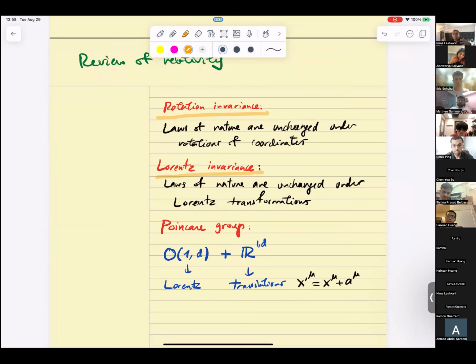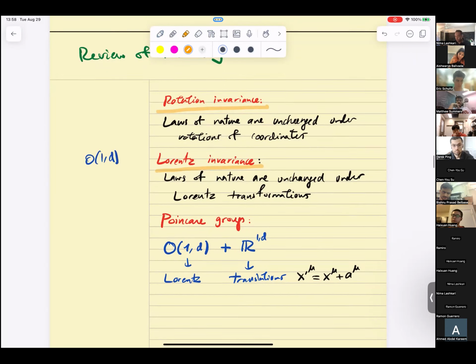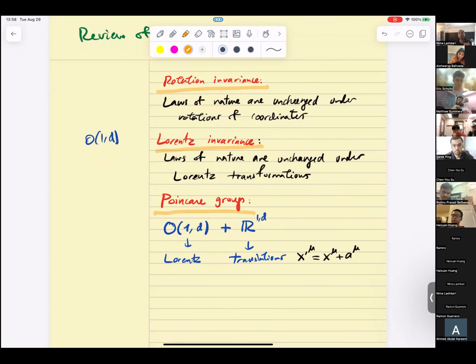Because the general group is O(1,D), any combination of boosts and rotations leaves the laws of physics invariant, right? So actually the symmetry group is a little bit larger. The symmetry group is the Lorentz group. We just decompose it into rotations and boosts, plus translations. Of course, translations are also symmetries that we often talk about, right? Laws of nature are also invariant under translations.